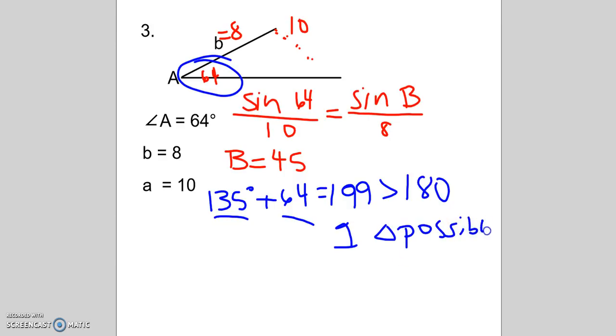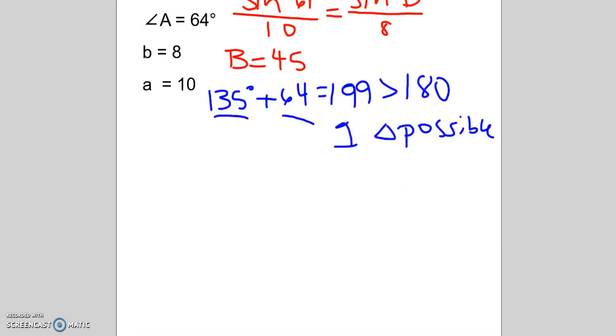So now that we know that, we just need to solve for the 3 sides of the triangle. So we have already that angle A equals 64. We found B equaling 45, and then we can solve for C equaling 71.